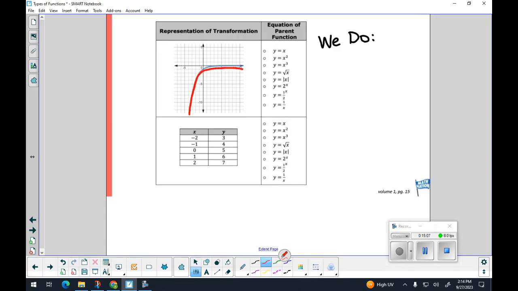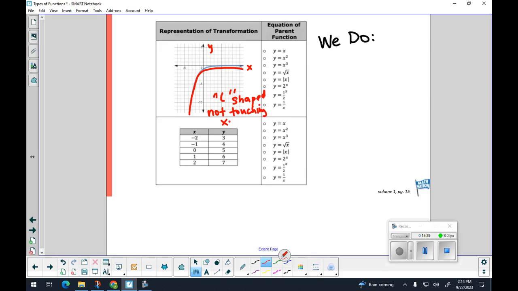It looks like an upside down L shape. Remember L for exponential, so I'm looking for the parent function of that. In order to figure that out, I need the x and the exponent for exponential. And I'm trying to figure out whether it's going to be a growth or a decay.